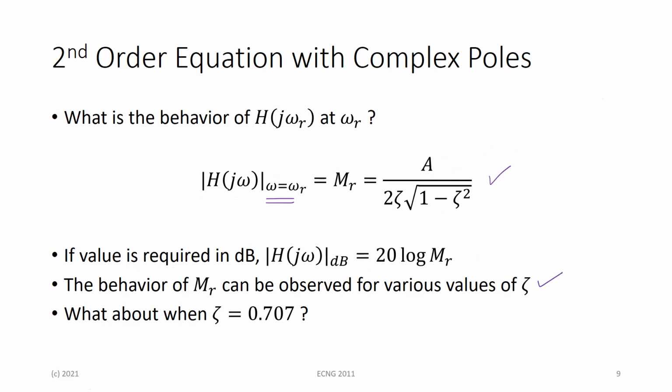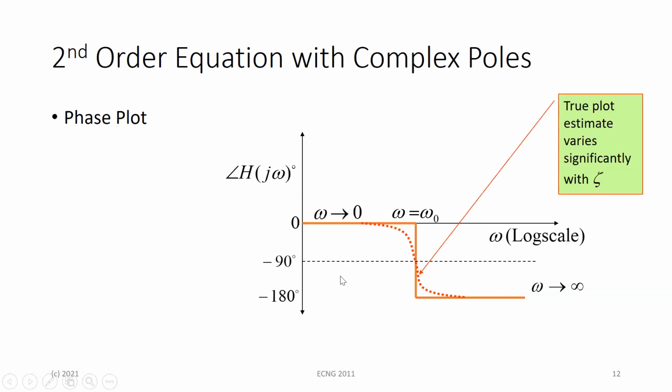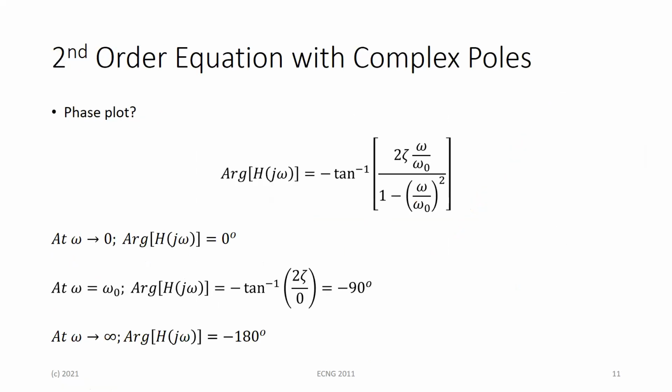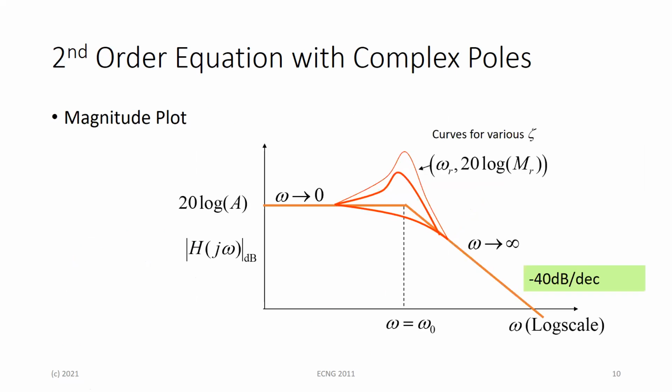And then equally well when zeta is equal to 0.707. Right at the point here, did I have a plot here? Right, there we go. As you vary the values of zeta, notice what happens.